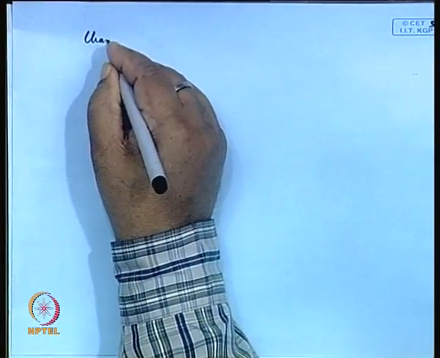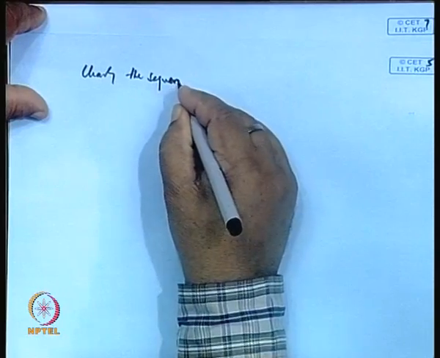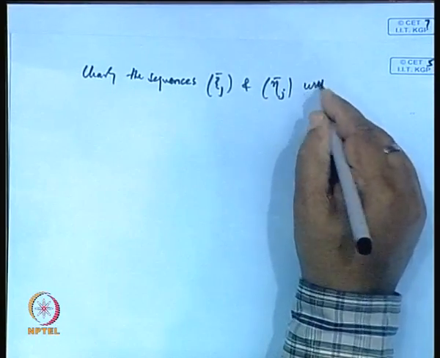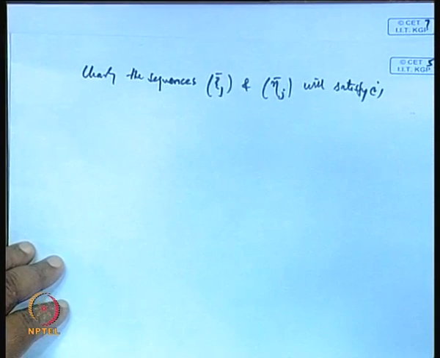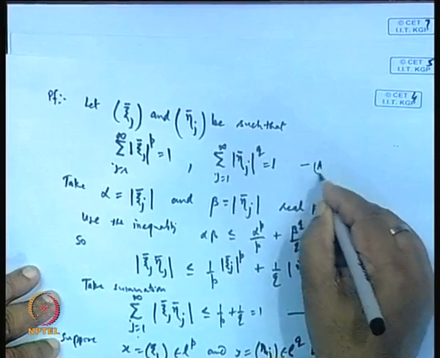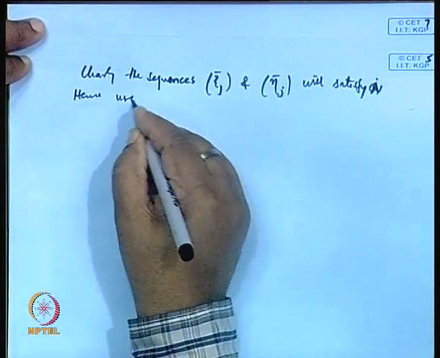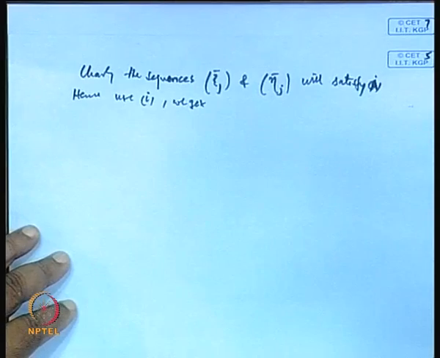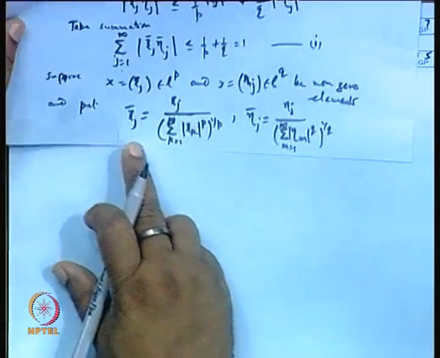So, clearly the sequences xi_j bar and eta_j bar will satisfy, instead of 1 let it be say here is A. So, will satisfy A, hence use 1 I, because they satisfy I. So, from here, when you substitute these values in I, what we get is, I is this, sigma of this is 1. So, write down this mod of this and sigma.